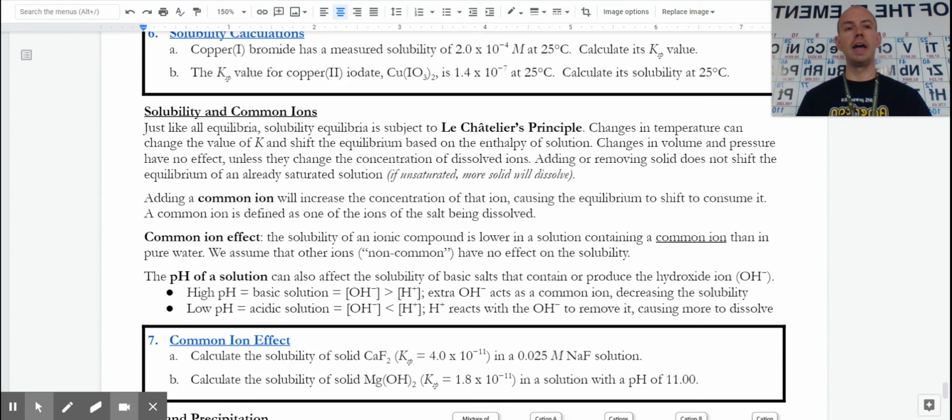So a common ion is when I look at my solution and look at the two ions of magnesium hydroxide: if there's already hydroxide in the water, the magnesium hydroxide will dissolve less. If there's already magnesium in the water, the magnesium hydroxide will dissolve less. We basically bumped one of those two things up, causing it to shift left, meaning less of those ions are able to dissolve as a result, which is the way we apply Le Chatelier's principle to solubility.